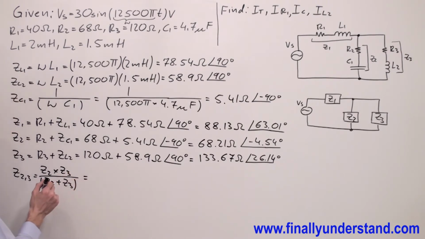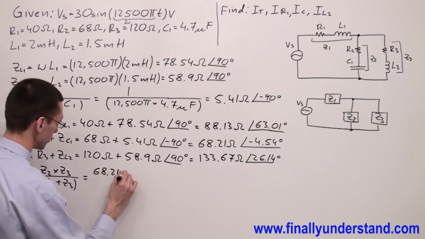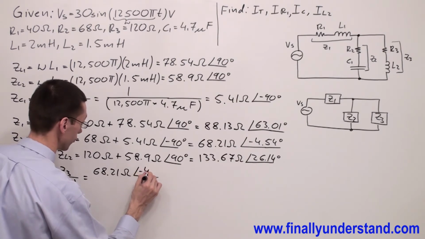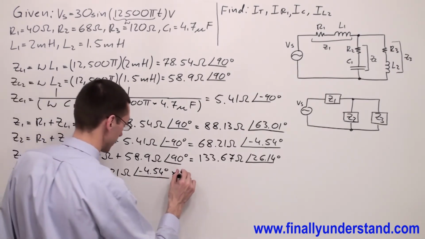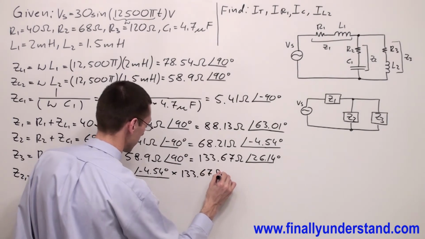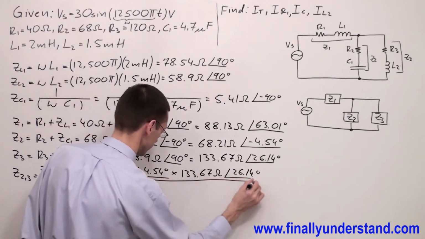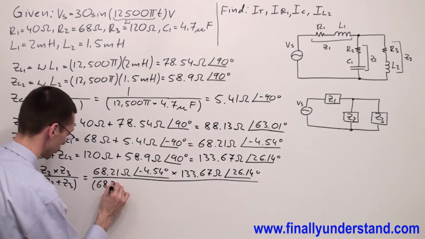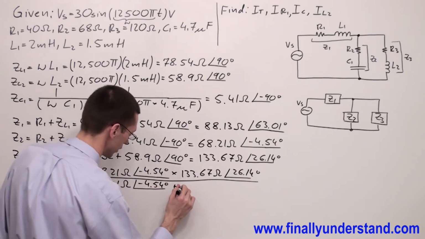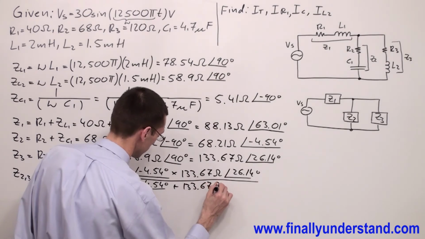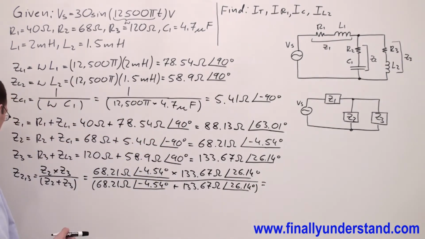So I have Z2 68.21 ohms and angle of -4.54 degrees times Z3, which is equal to 133.67 ohms and angle 26.14 degrees over 68.21 ohms and angle of -4.54 degrees plus 133.67 ohms and angle of 26.14 degrees. Use the calculator, you're supposed to get the answer.